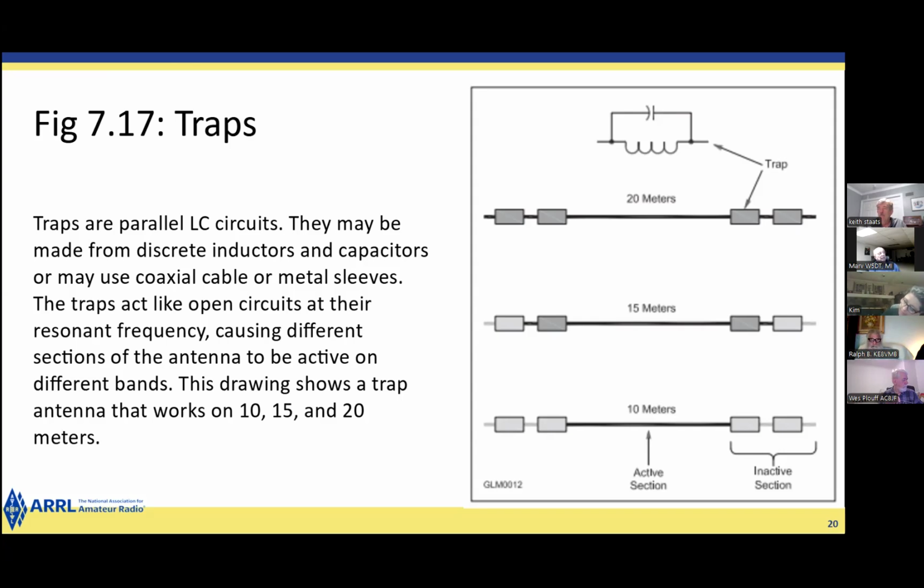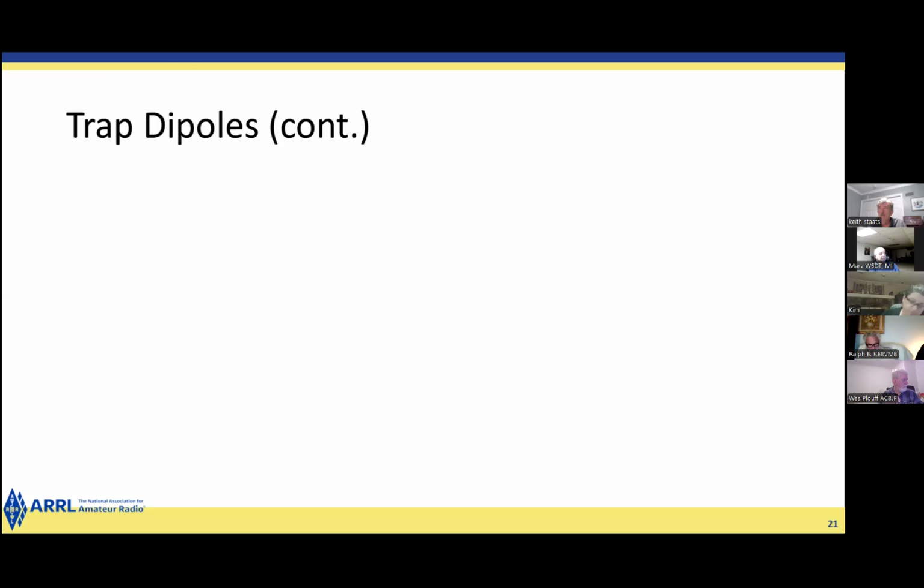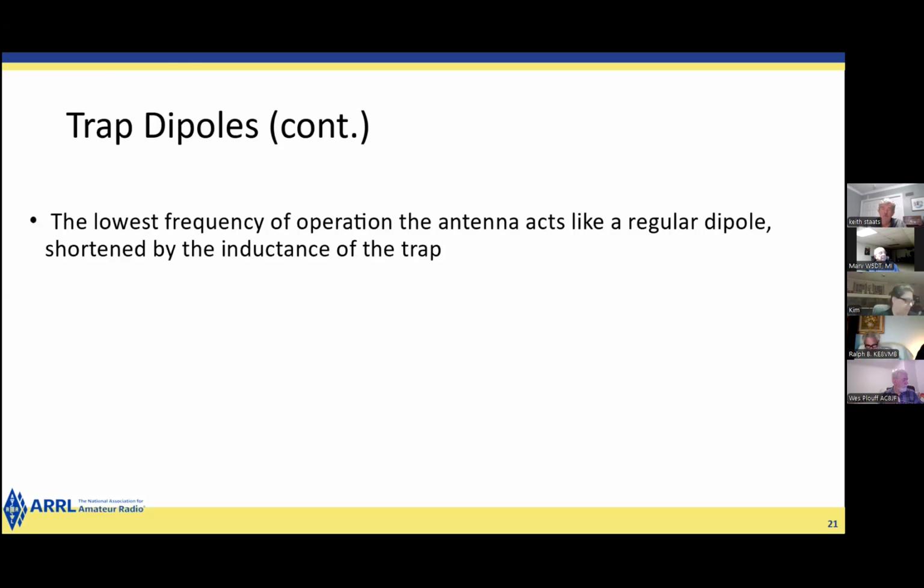This was a 40/80 trap antenna. It was my first antenna, the first antenna I ever had. At the lowest frequency of operation, the antenna acts like a regular dipole, shortened by the inductance of the trap.